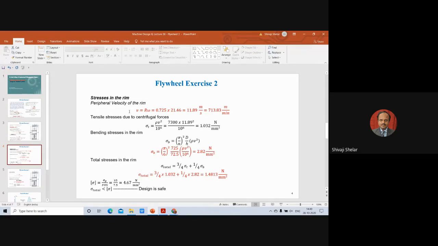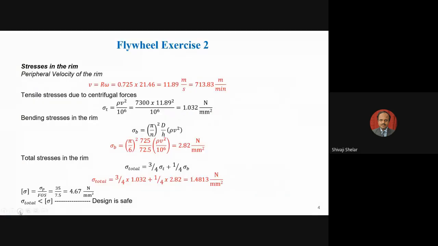Now we will check whether that geometry will sustain the stresses induced in the material. We are checking the stresses in the rim in the next slide.